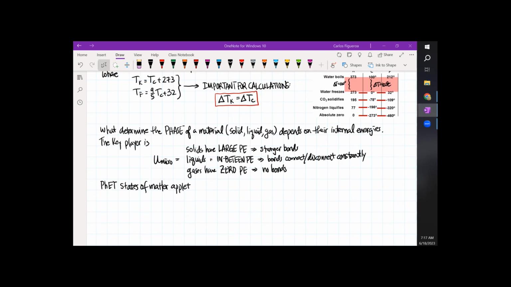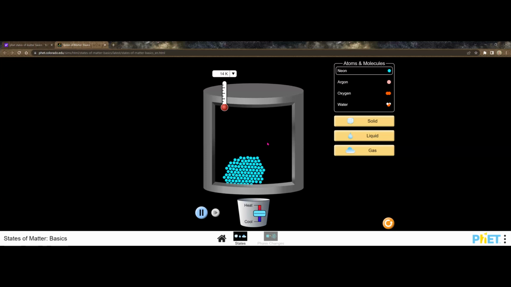So here we go. If you look at this applet, one of the things that you see here is that I have the ability to add heat or cool something off, and I can read the temperature. But what you're seeing with the solid here is that you get this sort of structure where the packing fraction is very tight.